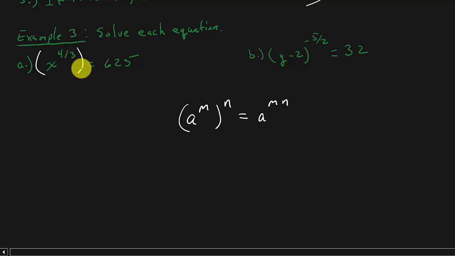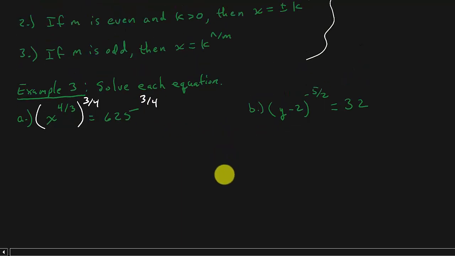So if we raise both sides to something, what can I multiply to 4/3 to get 1? Well, you can multiply the reciprocal, right? 4/3 times 3/4 is 1. And that's what we're doing. This is raised to the 3/4 power.